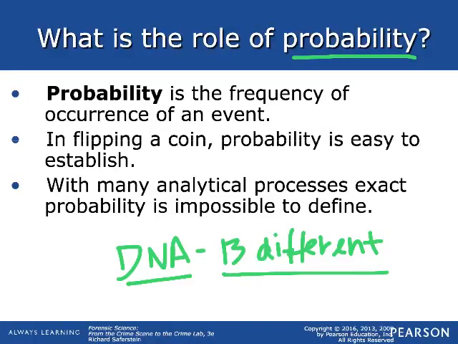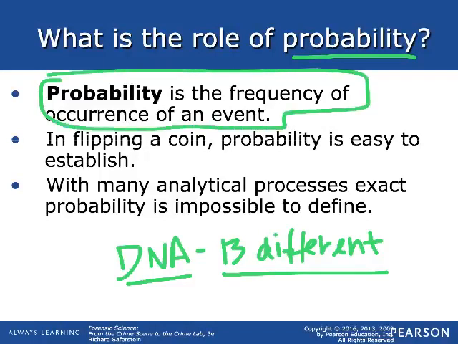So it's all based on numbers, because you can't say that something is exact, but you can say it's within a reasonable doubt. Probability, if you've had statistics, is just the frequency of occurrence of an event.